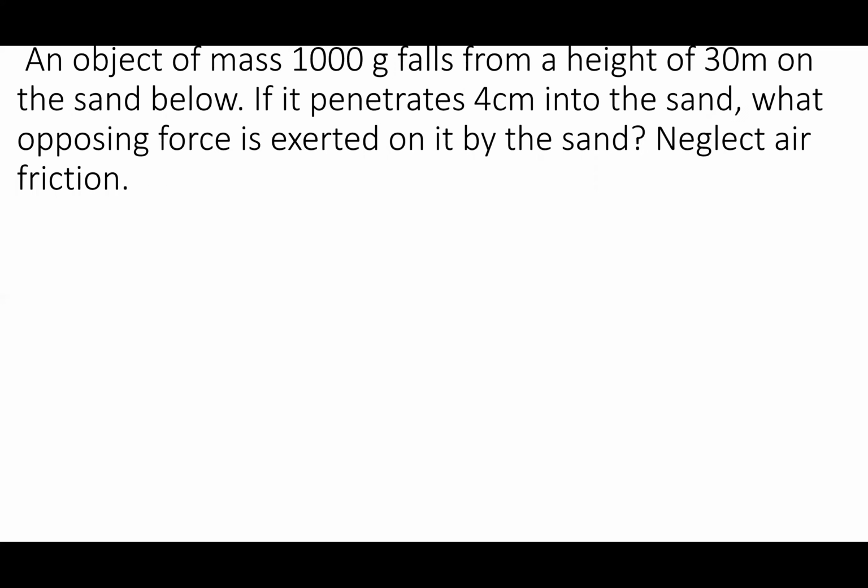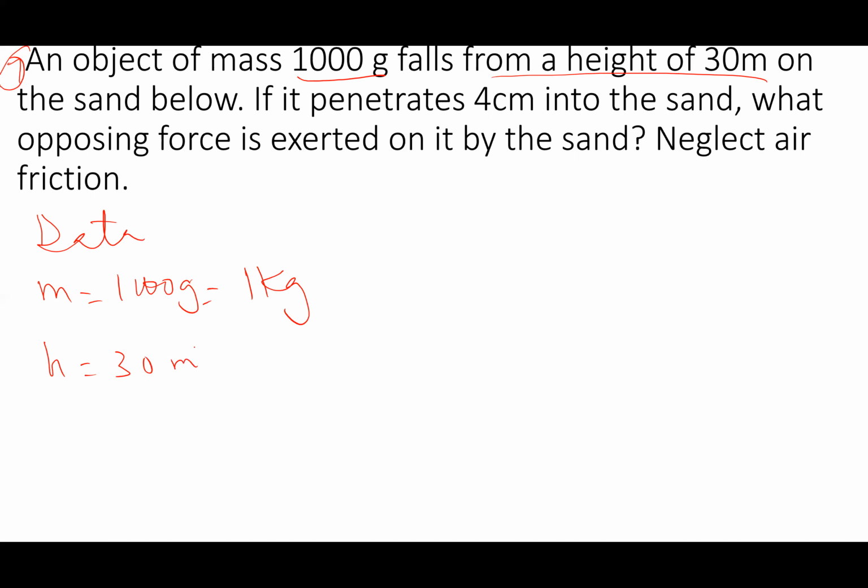Now, numerical number 7. An object of mass 1000 gram is equal to 1 kilogram, dropped from a height of 30 meter.